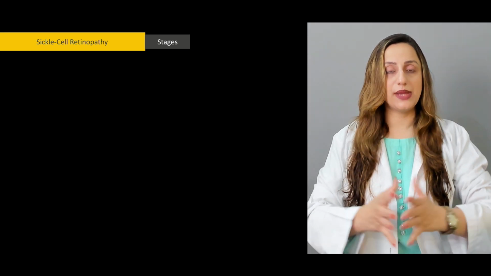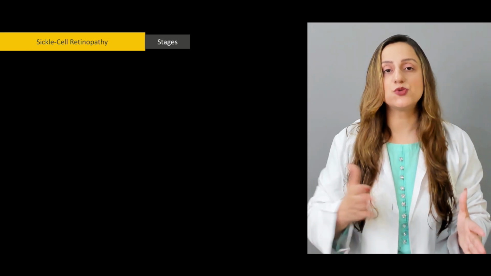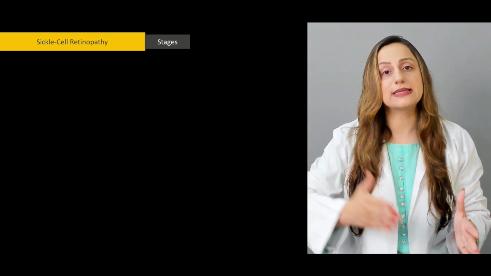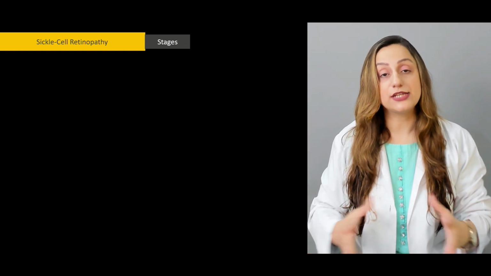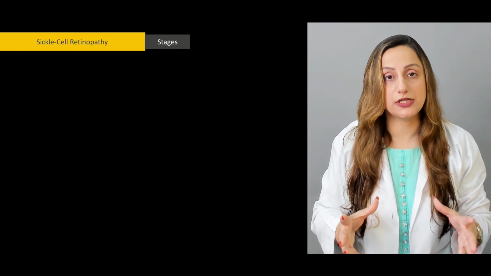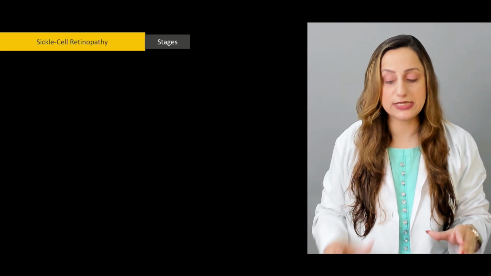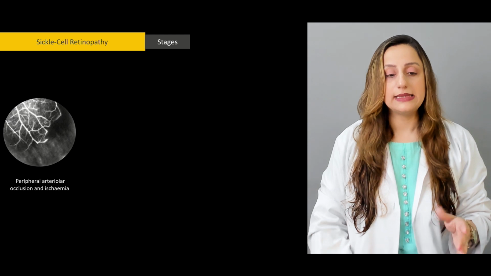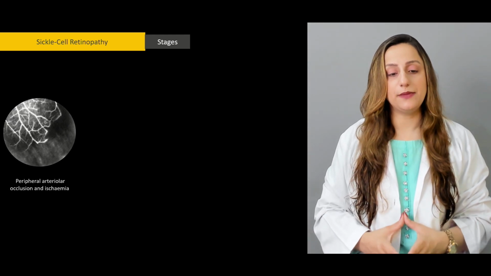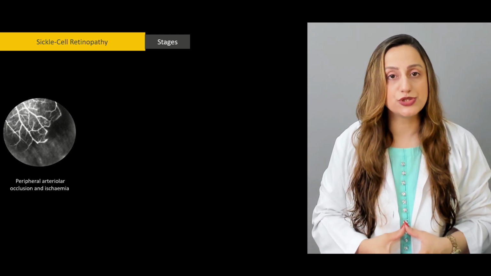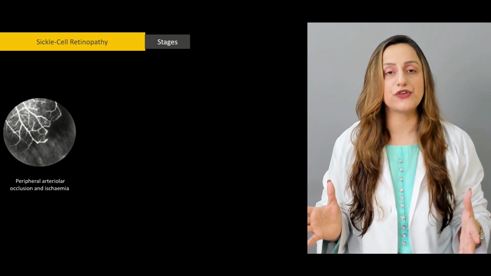Now there is a range of stage-wise clinical features that is going to appear on the retina of the individual. When you observe the fundus through the ophthalmoscope or the fundoscope, you're going to observe these particular changes. These changes range from peripheral arteriolar occlusions and ischemia, as you can see over here.